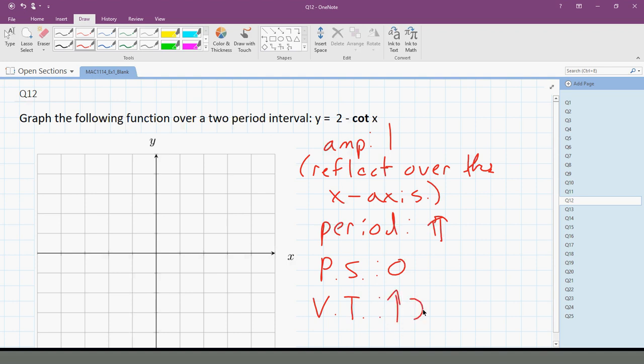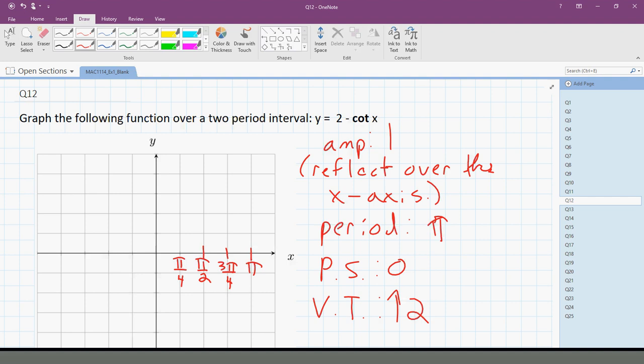We're going up 2. So, since my period doesn't change, this guy right here, that's pi. Right in between will be pi/2. This guy right here will be 3 pi/4. This guy will be pi/4. And now we can start working everything.